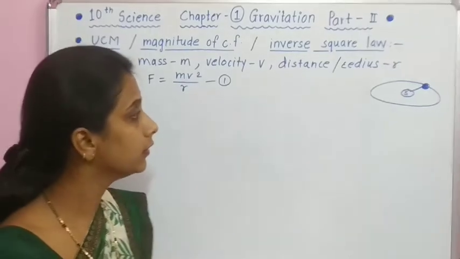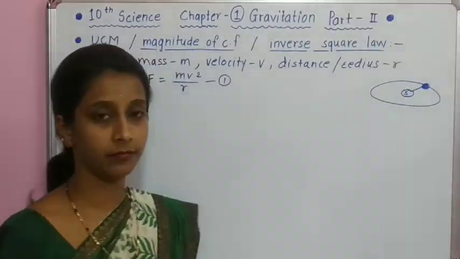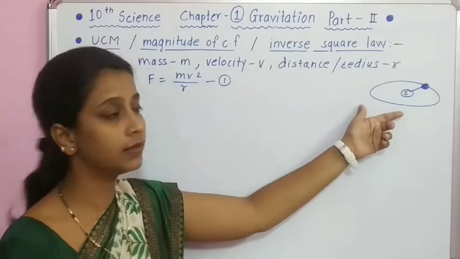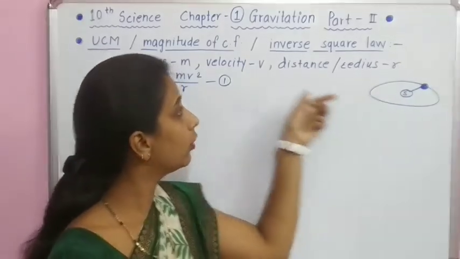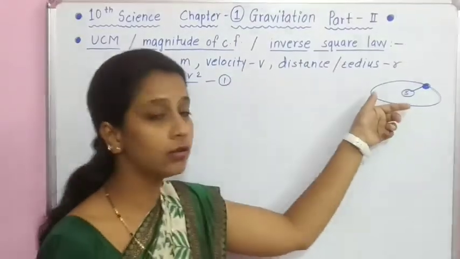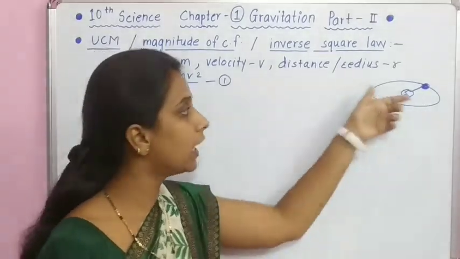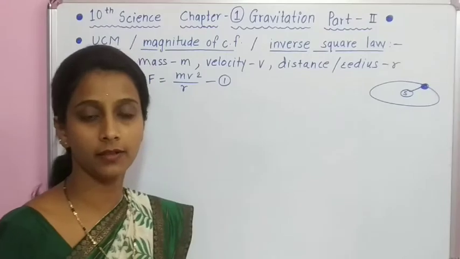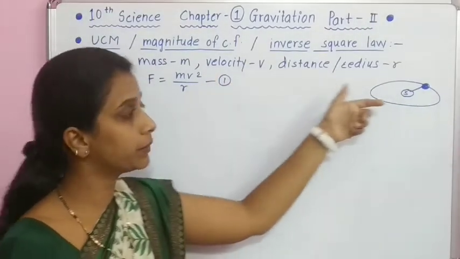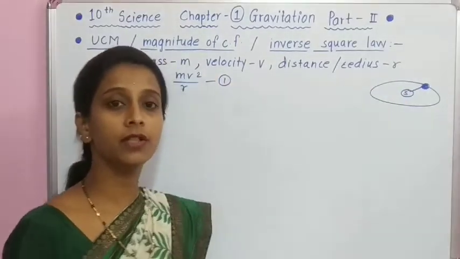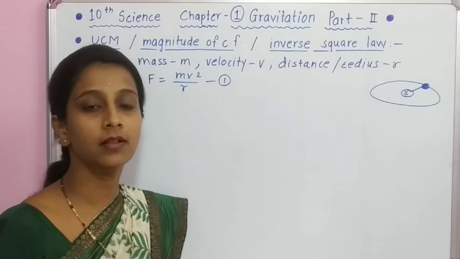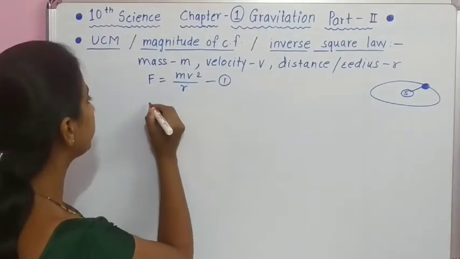Now students, in the case of that planet, the speed or velocity is expressed in terms of the time of revolution of the planet. Let us see here v.